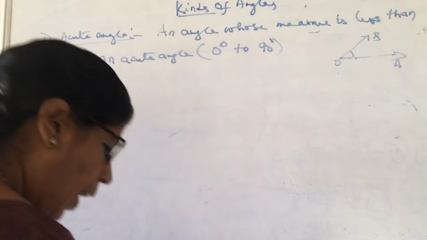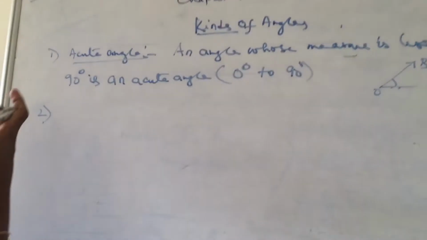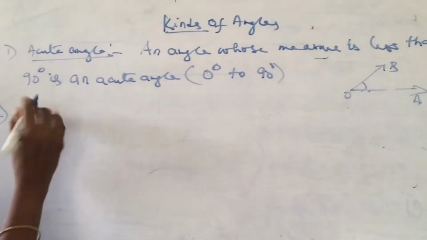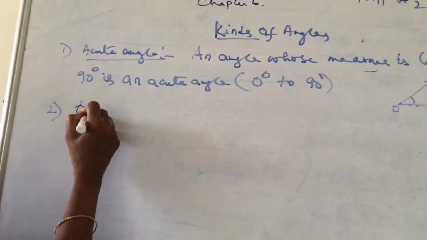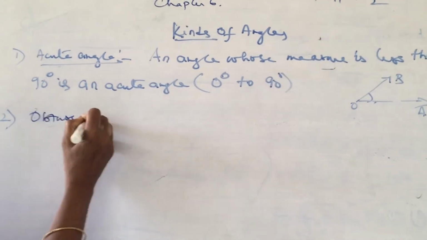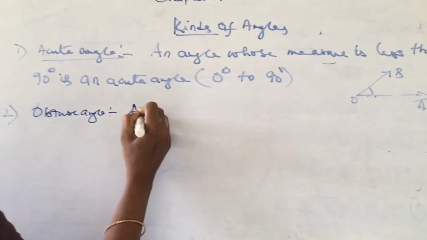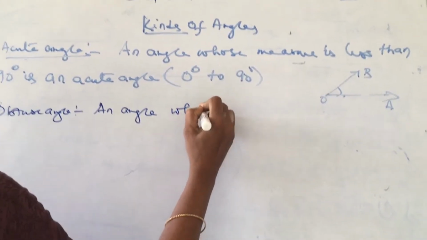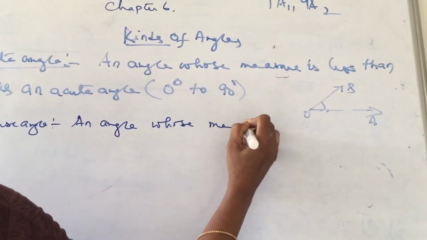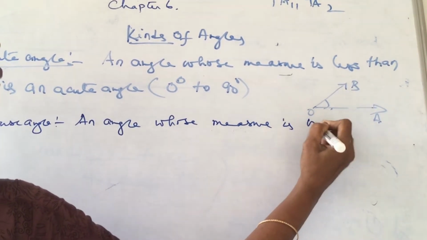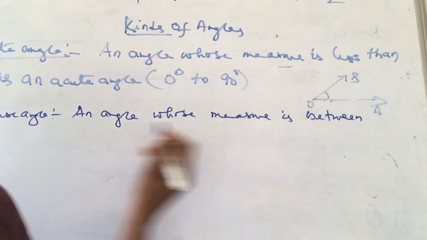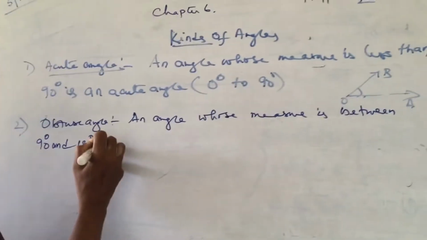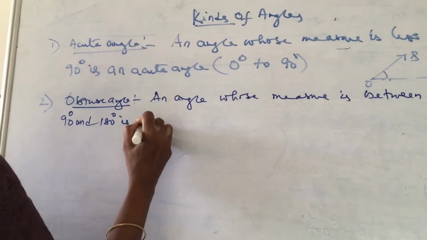Second one is obtuse angle. An angle whose measure is between 90 degrees and 180 degrees is an obtuse angle.